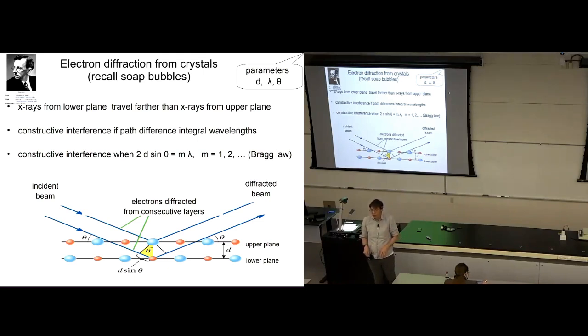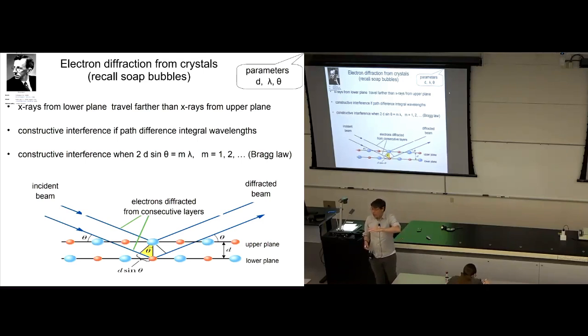If those electrons have wave-like characteristics, then there'll be electron waves that are scattered off the top layer of the sodium iodide crystal here, electron waves that are scattered off the next layer of the crystal here, just like the X-rays were scattered off the top layer and the layer below it.